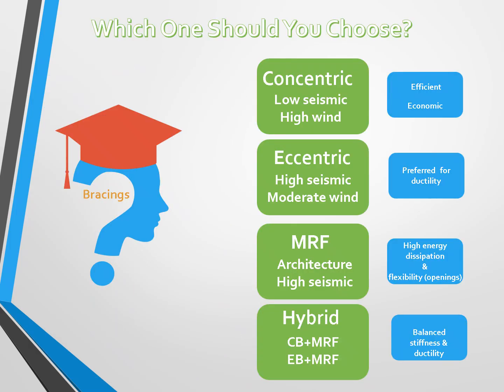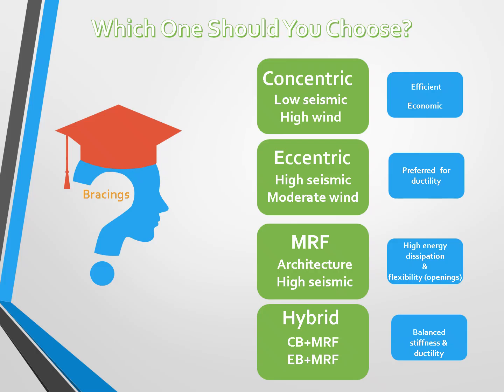Which one should you choose when you design a structure and design a lateral load resisting system? Concentric bracings are useful for low seismic zones and high wind areas. Why?